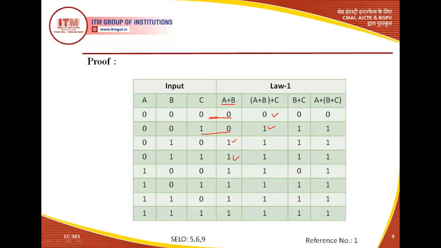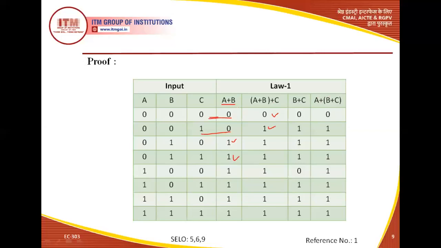So from the truth table, it is clear that A or B first operated, then the OR operation performed with C, gives the same result as first performing the OR operation of B or C, then the OR operation with A. So that is the associative law.